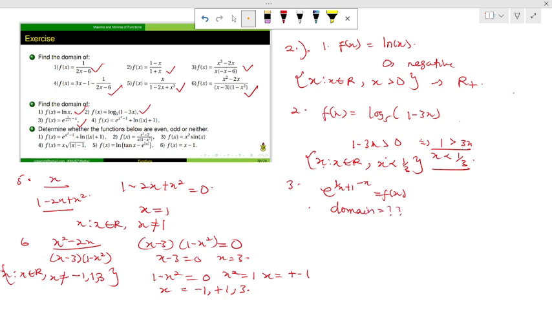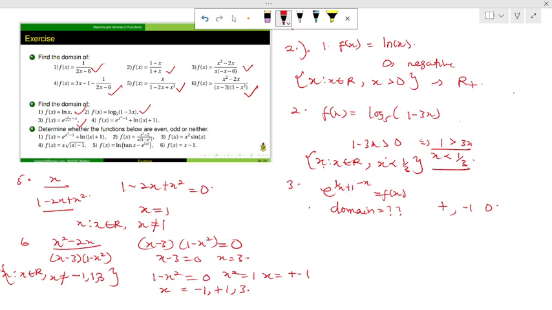Now, for me to get the domain of this function: for an exponential function, are there values that make it undefined? No. An exponential function takes in positive, negative, and even 0. So it's the set of all real numbers. But now, the argument of this exponential function is also a rational function, meaning that we need to take care of that.